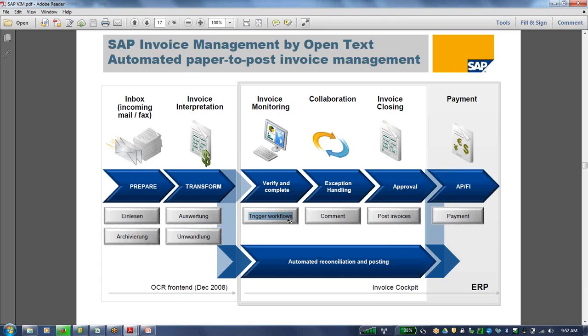If everything is right, it goes to the accounts payable manager. So there's a lot of exception handling and collaboration between different parties. People can put in their comments: PO is missing, cost center is missing, it's not a standard invoicing format. So many things. And once everything is done, it goes for manager approval. You post the invoice into SAP and you release it for payment.